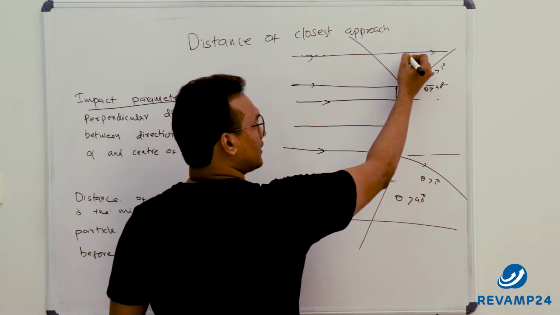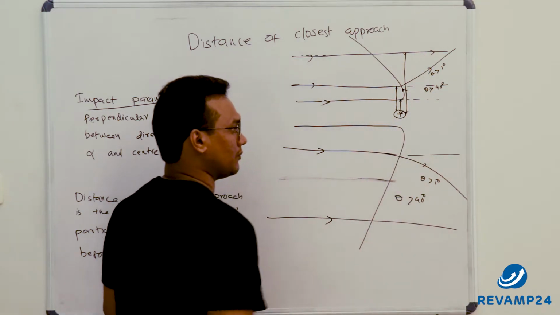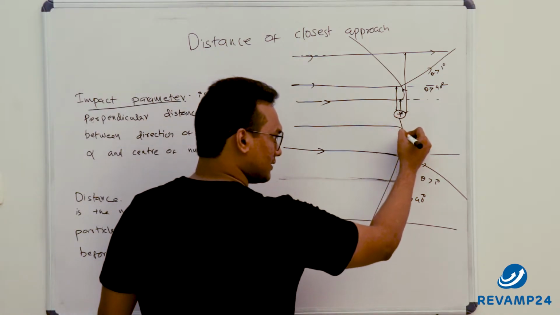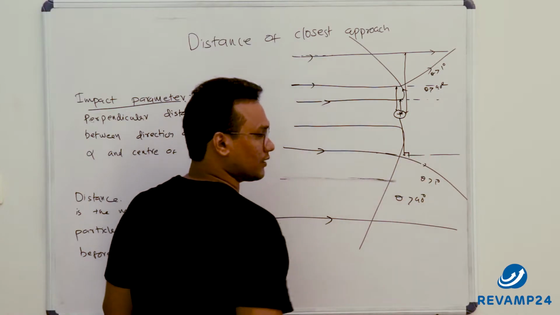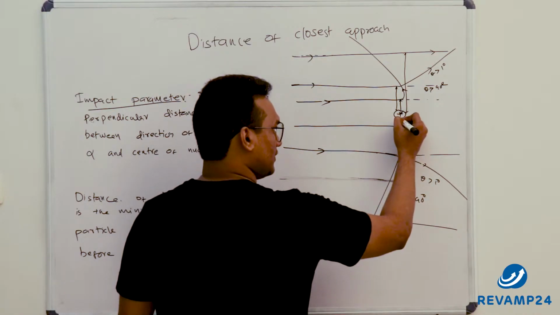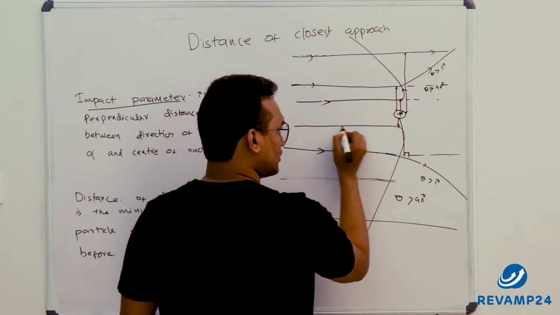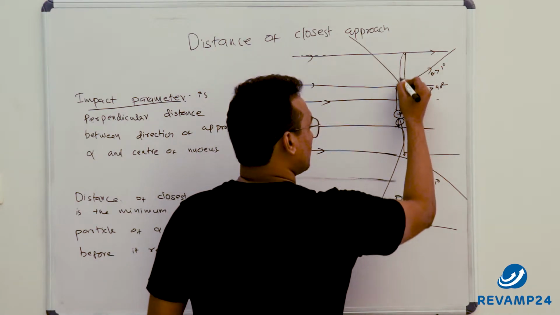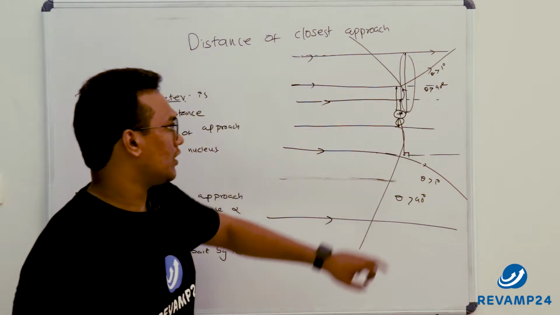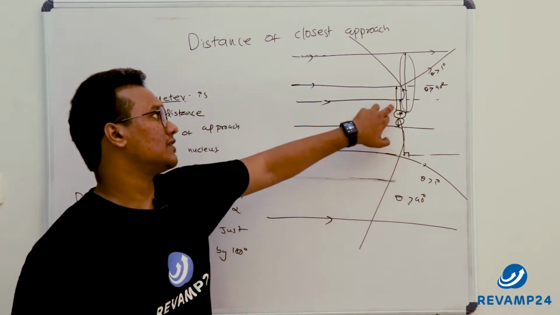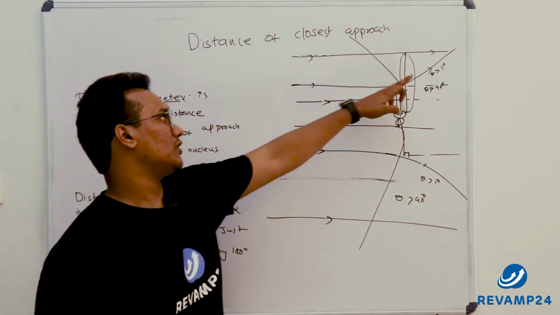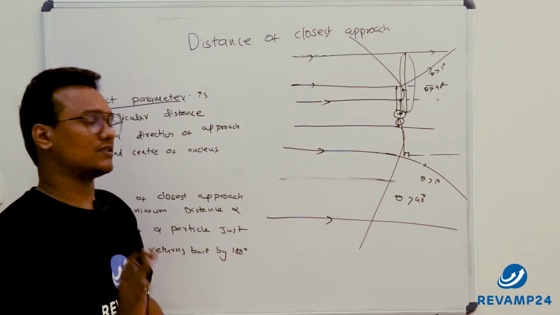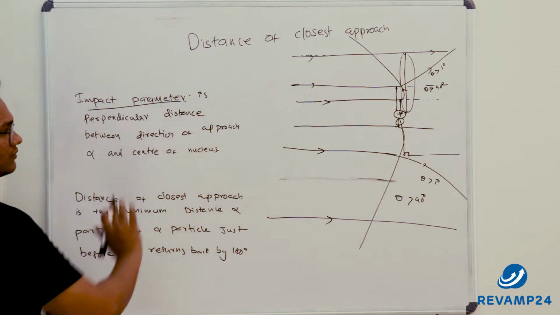For this alpha particle, from the nucleus, take the perpendicular distance to the direction of approach. So this one is the impact parameter. From where do you take the measurement? From the nucleus, till the direction of approach or direction of initial velocity. So this is very simple.